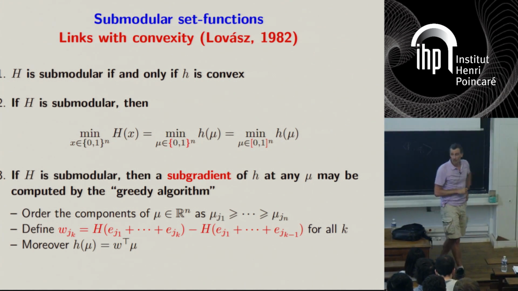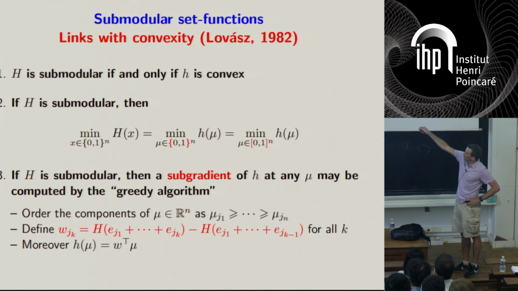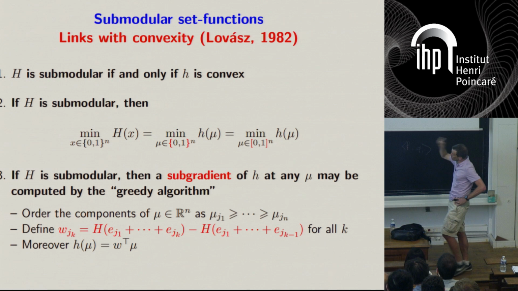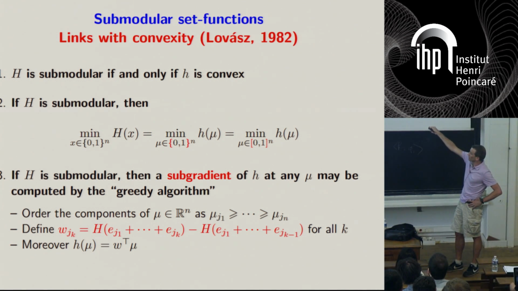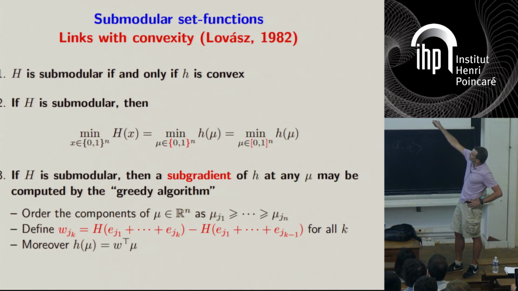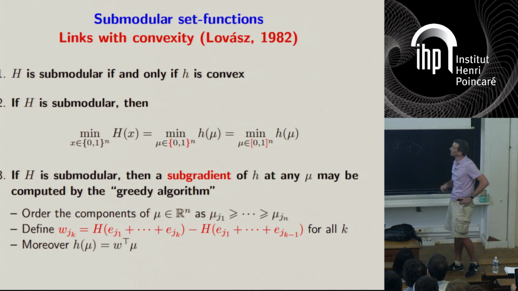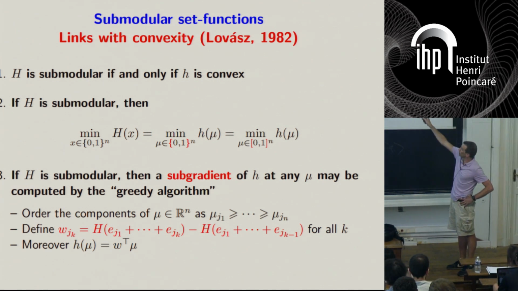But even better, he showed that if you want to minimize your submodular function, so you minimize over the vertices of the hypercube, by design, this is equal to that. Why? Because small h is an extension of capital H. So if you minimize on the vertices, it's the same. So this equality is always true. This one is much better because it says that instead of minimizing your function on the vertices, you can minimize on the full set.